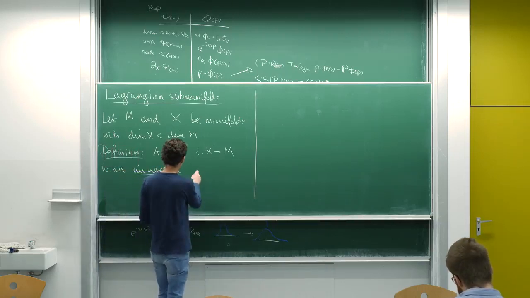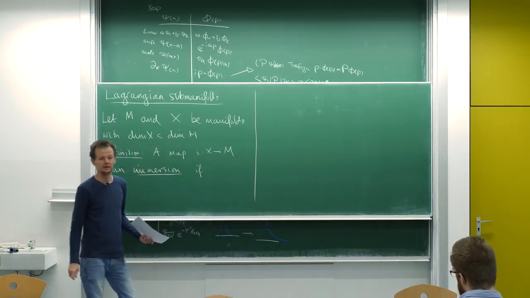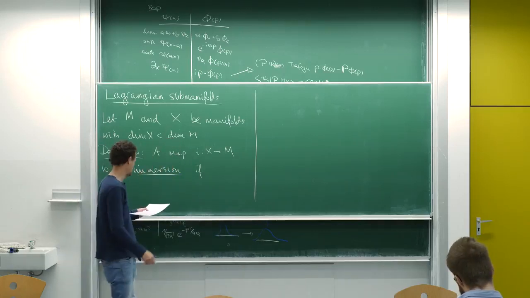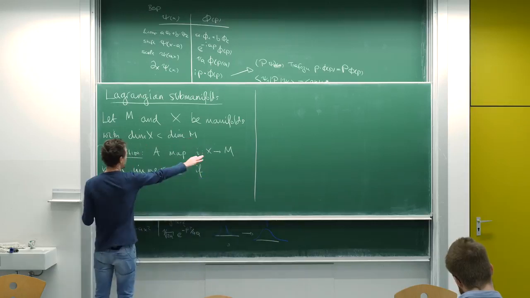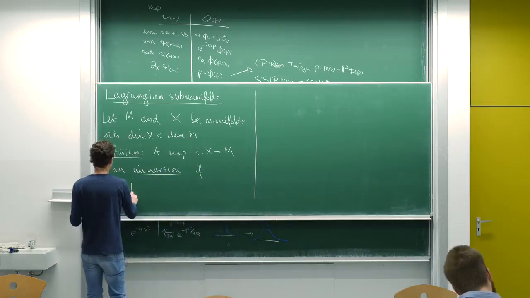And the first adjective we need is that this map is an immersion. So this is like a necessary criterion, but not a sufficient criterion for X to be a submanifold of M. And what does immersion mean?